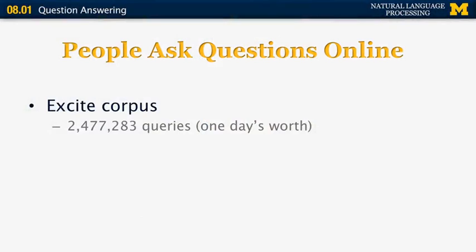So why do we want to care about question answering in a natural language processing class? Well, first of all, because people ask questions online. If you analyze some large corpus of queries in search engines, you will realize that many of the queries are in the form of natural language questions. So one of the earliest analyses of query corpora was of the so-called Excite corpus, which had 2.5 million queries, about 1 day's worth.